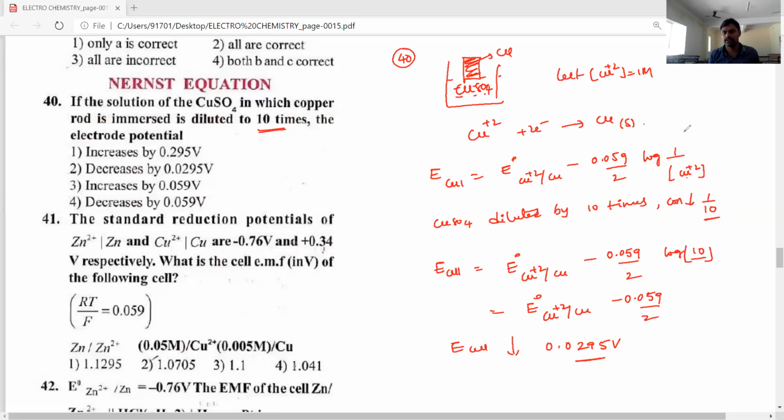Its log 1 is equal to 0, then the E cell is equal to E0 of copper plus 2 by copper. Now upon dilution, the E cell is equal to E0 of copper plus 2 by copper minus 0.059 by 2, which is nothing but 0.0295 volts decreased. So the answer is decreased. Second option is correct. Okay, let's go for the 41st question.